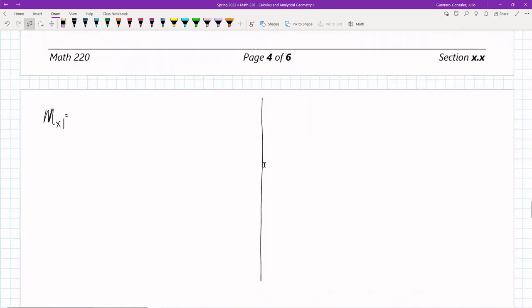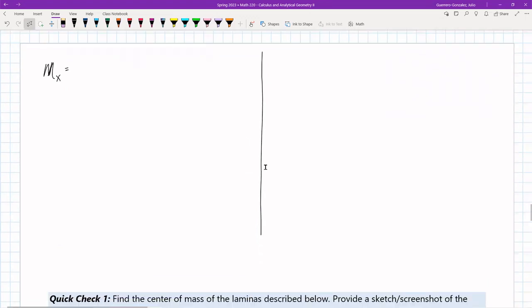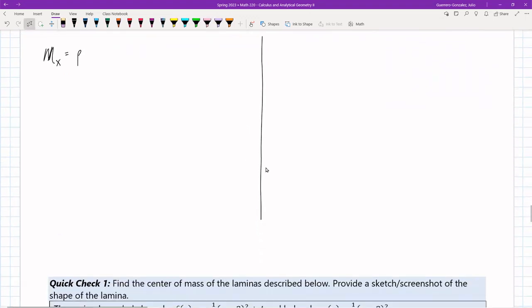So I'm going to rewrite that equation: rho times the integral from a to b of f of x quantity squared minus g of x quantity squared, all over 2, dx.